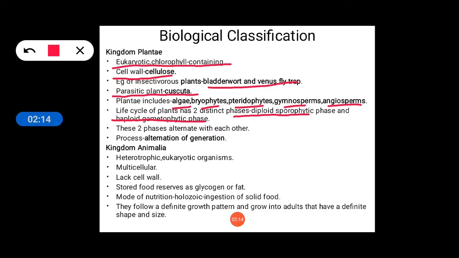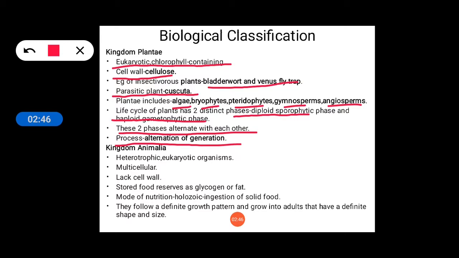These two phases alternate with each other, and this process is known as alternation of generation.